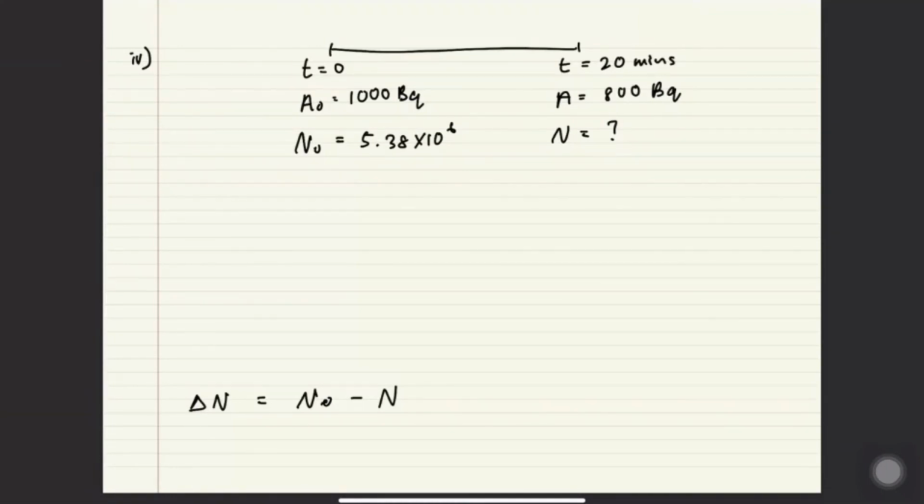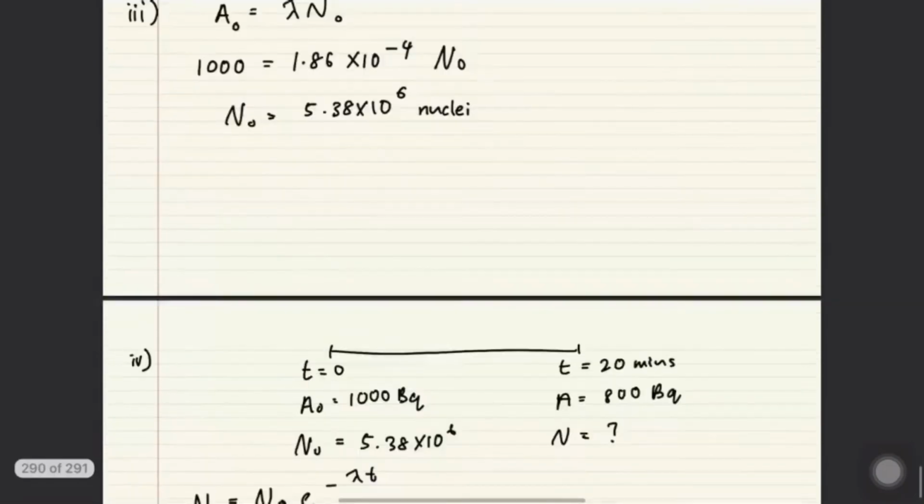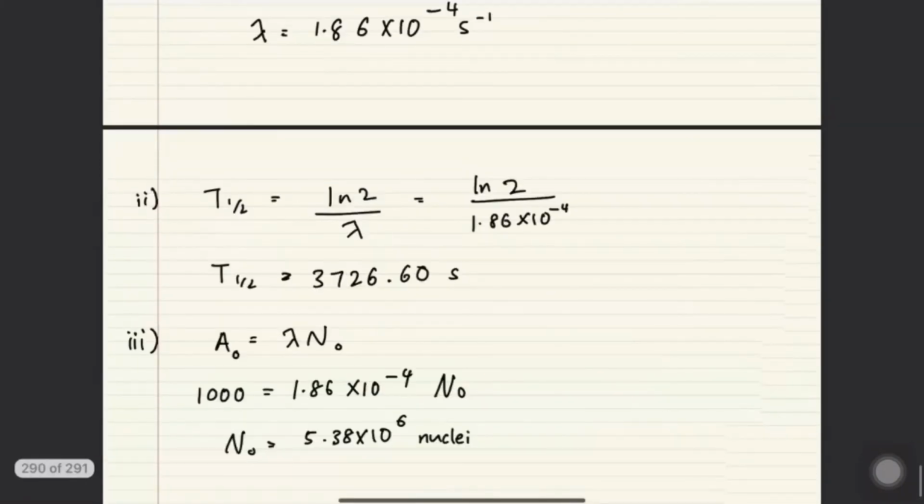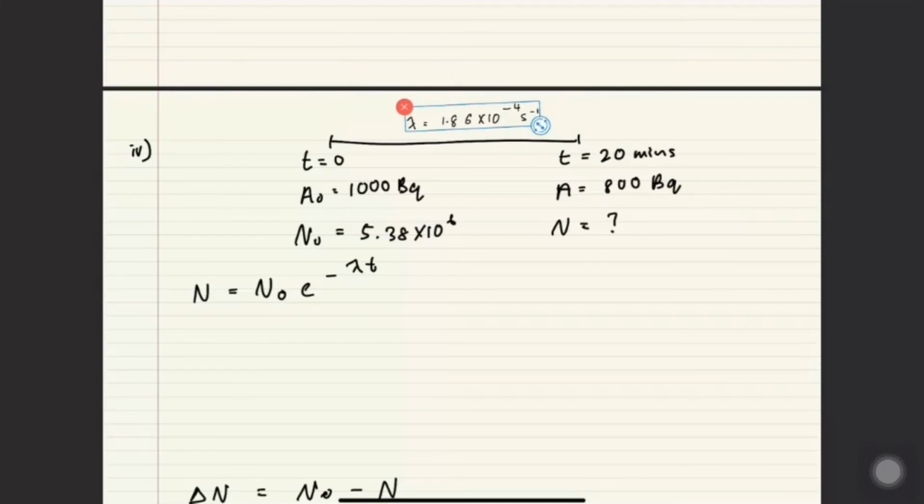Okay, to find N, you can use this formula lah. N sama dengan N knot exponent negative lambda t. Lambda tadi dah ada kan. Let's copy this value. Okay.